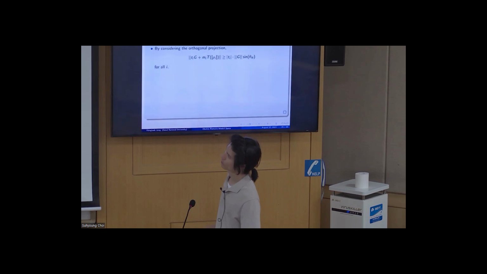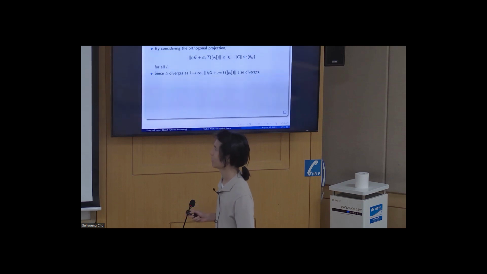We have this inequality, and this theta N just comes from the previous slide. Because Ti is a divergent sequence, as i goes to infinity, the right hand side of this quantity diverges. So the left hand side, the norm of this matrix, also diverges.